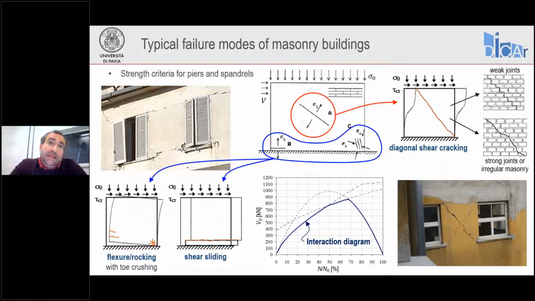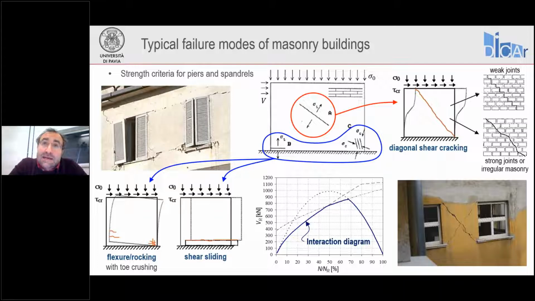Now, when buildings are responding in a global way, and when walls then are excited in their planes, we may have mainly three types of failure modes. First of all, the first of them is bending, so a flexural mechanism, which may lead to toe crushing.